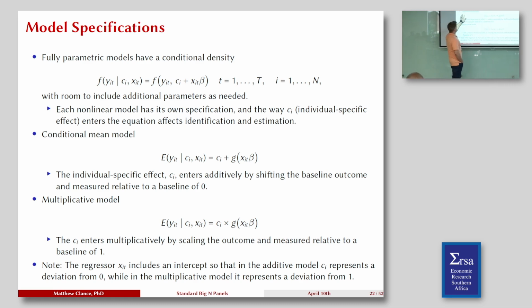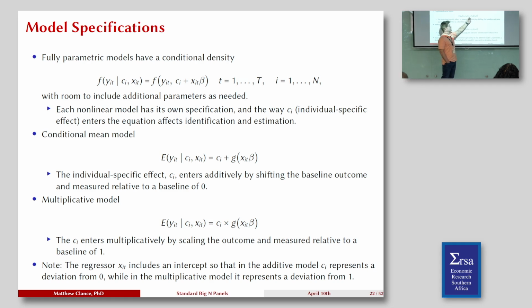So when it comes to the conditional mean models that we have, which we still have within the nonlinear world, we can do it in an additive form. So basically everything is added into the base model. But remember, if we wanted to include it in this function, we'd have to make an assumption about how the CI is actually entering into the model.